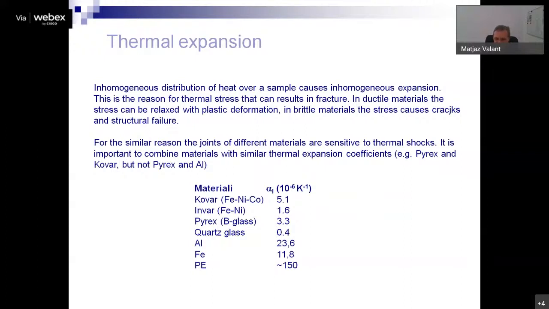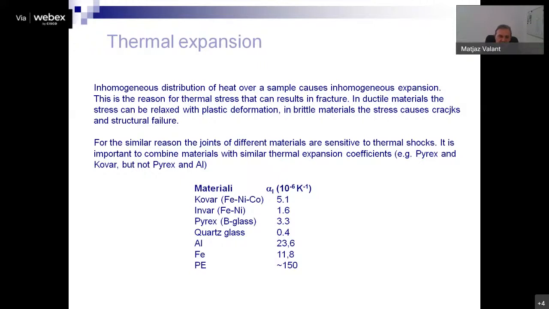In that case, a part of this body will expand more than the other part. And this can go to such an extent that there could be fractures in the material, and the material undergoes so-called thermal stress, which can basically cause the fracture.